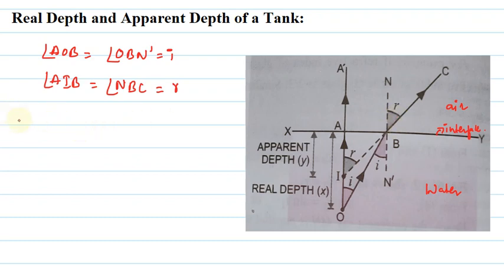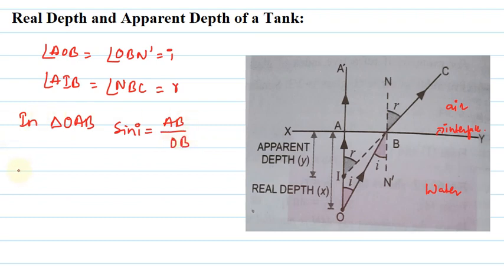Then in triangle OAB, I can write sine i, that is equal to opposite side by hypotenuse. Opposite to this angle is AB, and the hypotenuse is OB. So sine i is AB upon OB.